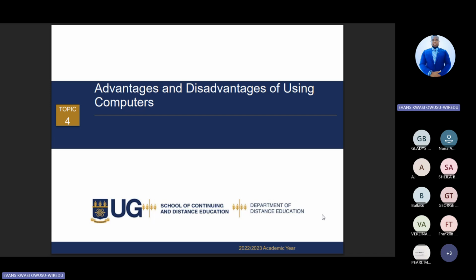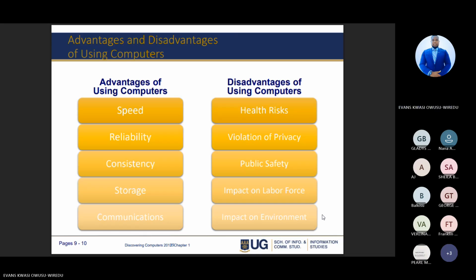And now let's look at some disadvantages and advantages of computers. Computers have come to help us a lot, but they also hold their own disadvantages, right? So one of the advantages it gives us is speed. So if I tell you to calculate something, right, the amount of time you spend on it with your own mind would be more than if I just key in that data to the computer.